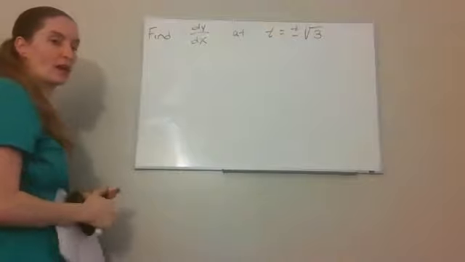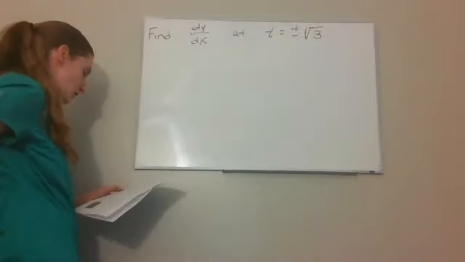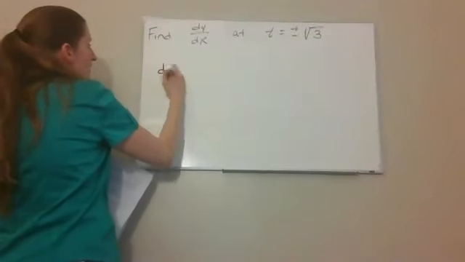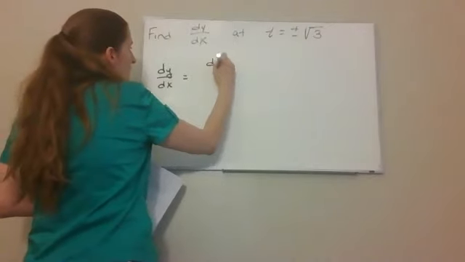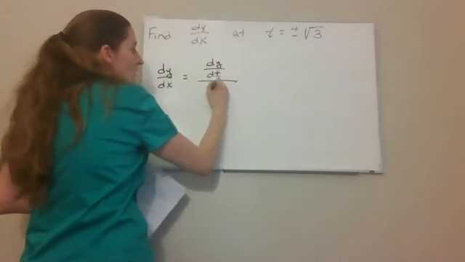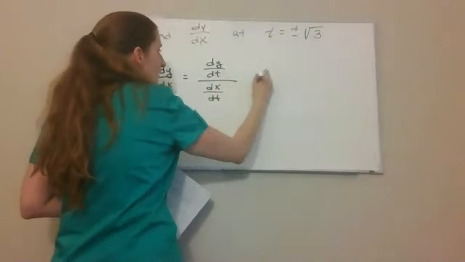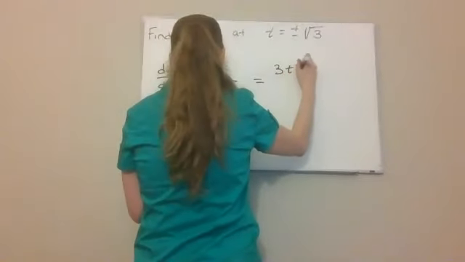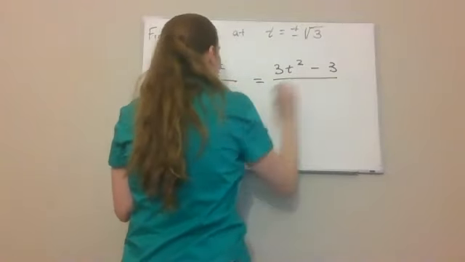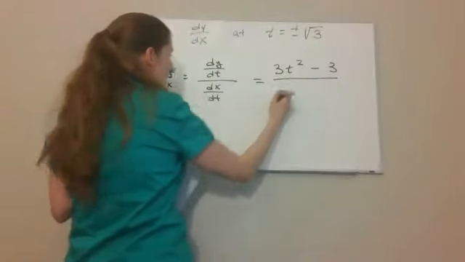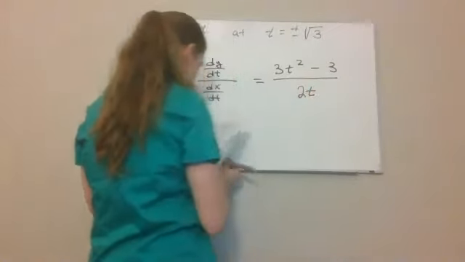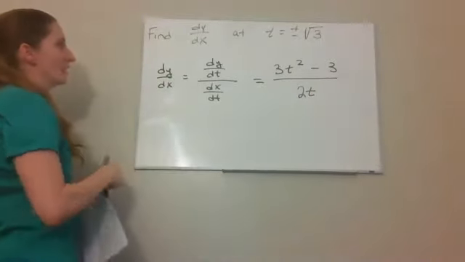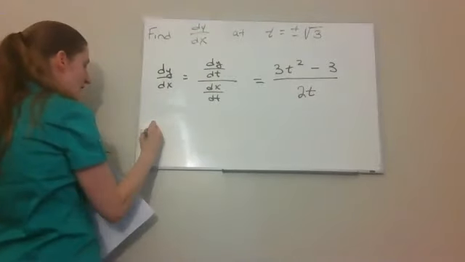So first, let's just find what that derivative is equal to. Remember, dy/dx is equal to dy/dt over dx/dt. The derivative of my y with respect to t is 3t squared minus 3, and the derivative of x with respect to t was 2t. So that is what my derivative looks like, and now I can plug in these values of t.